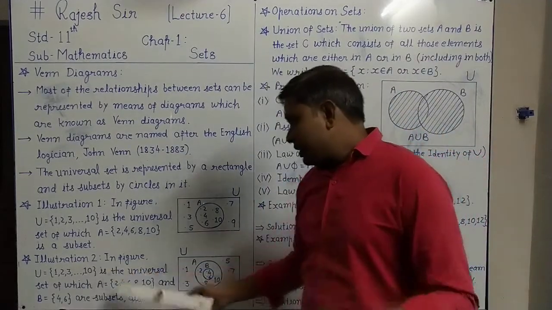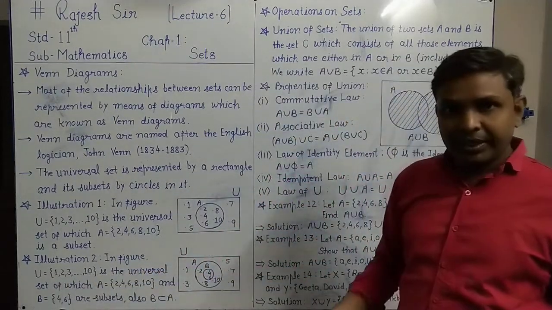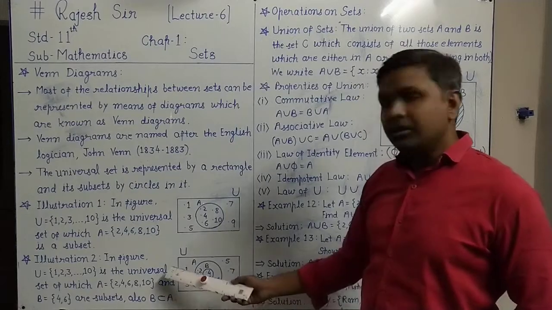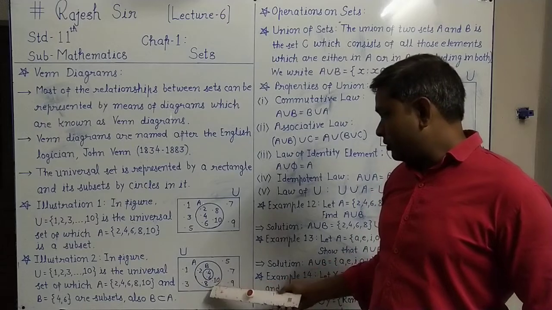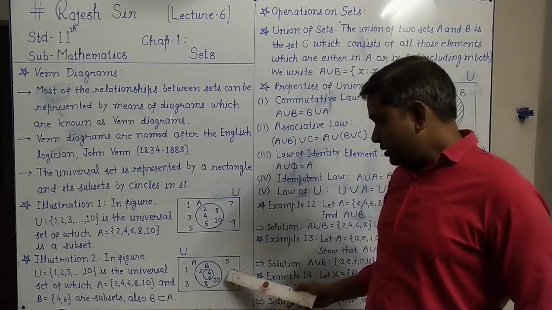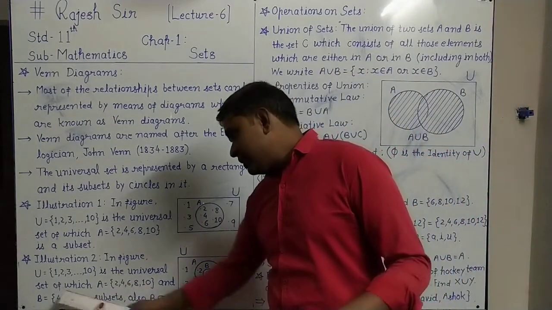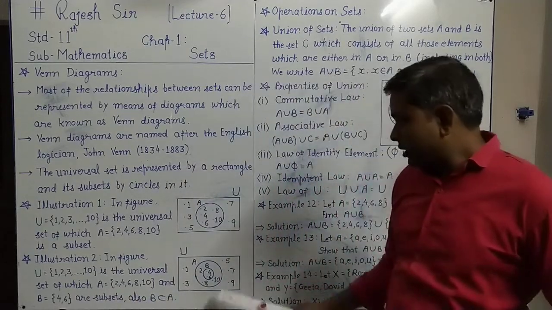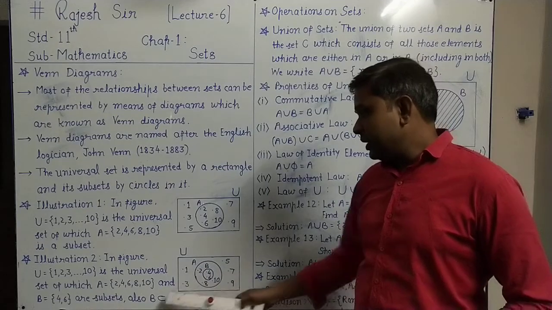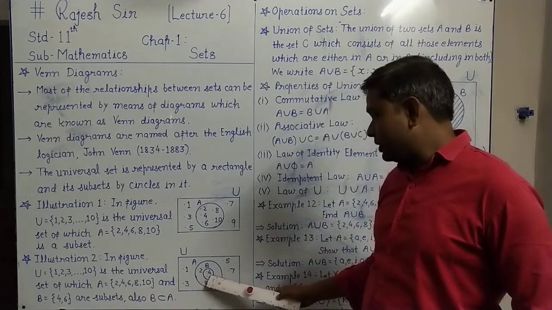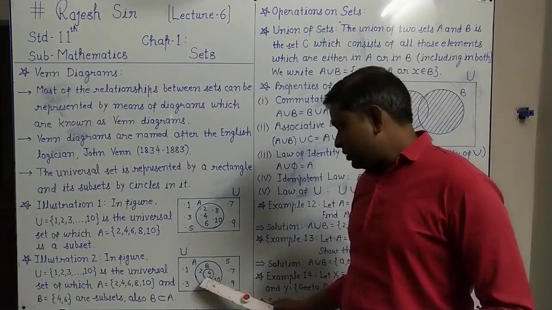Similarly, illustration 2. In this figure, U again equals {1, 2, 3, 4, 5, 6, 7, 8, 9, 10}, shown by the rectangle, and A equals {2, 4, 6, 8, 10}. The big circle is a subset of the universal set, shown by A. B equals {4, 6}, shown by the smallest circle.